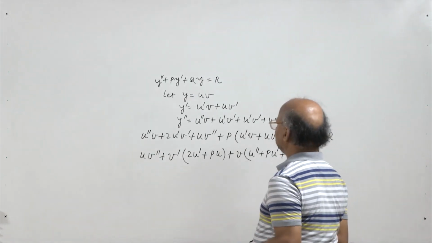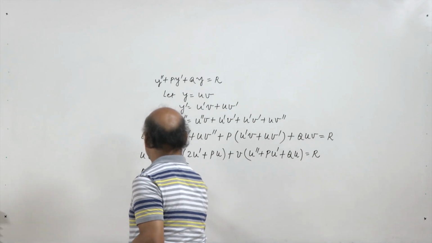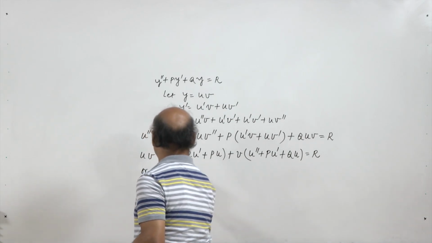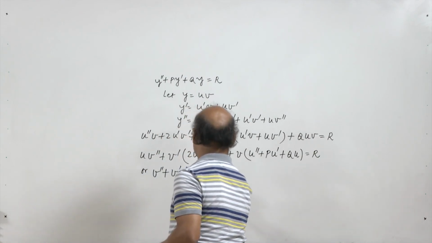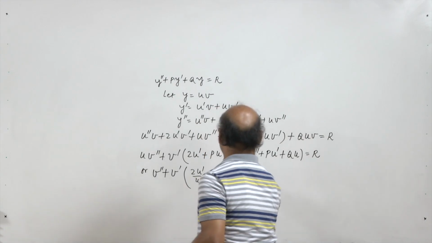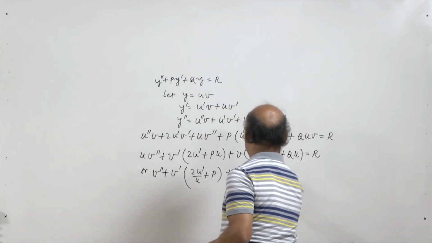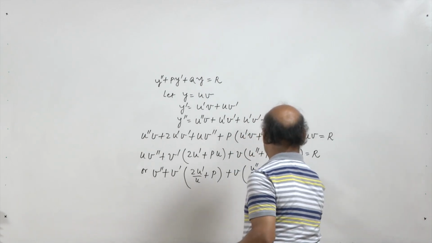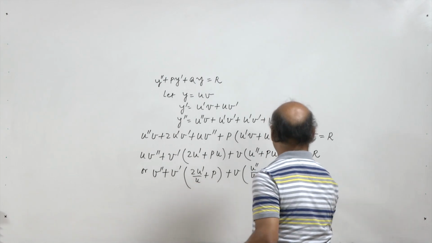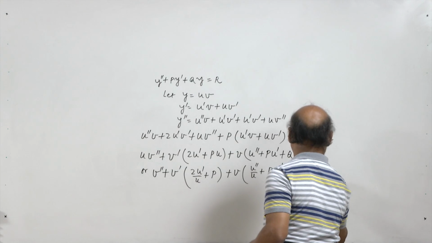Let us divide by u, the coefficient of v double dash. So we can write v double dash plus v dash times (2u dash by u plus p) plus v times (u double dash by u plus p times u dash by u plus q) equal to r by u.